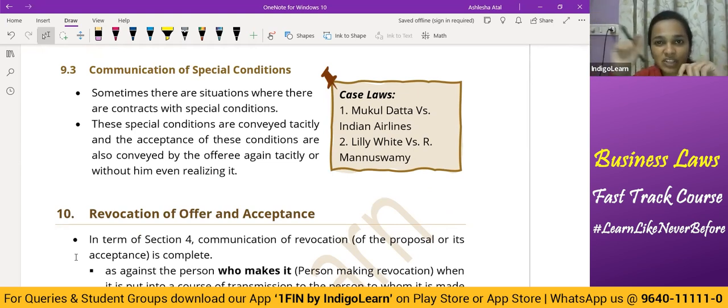Those are certain special conditions which are not orally communicated, but still it is assumed that these special conditions are silently communicated and silently accepted. So sometimes there are certain special conditions which are not conveyed orally but rather tacitly, and it is also assumed that the acceptor has given his acceptance to those conditions tacitly.